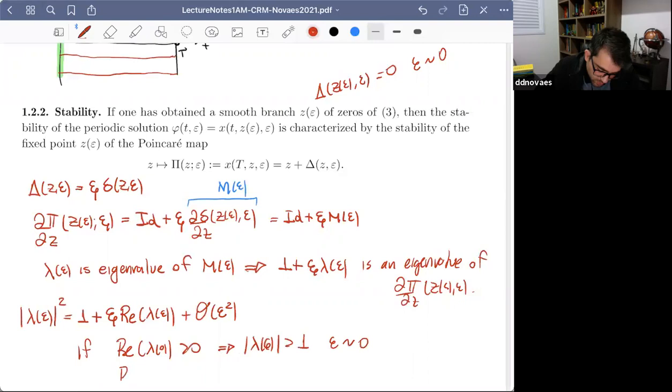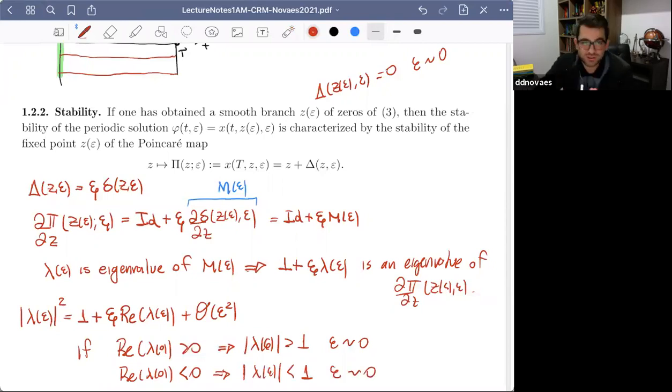If the real part of lambda(0) is negative, then the modulus is smaller than 1 for epsilon sufficiently small.